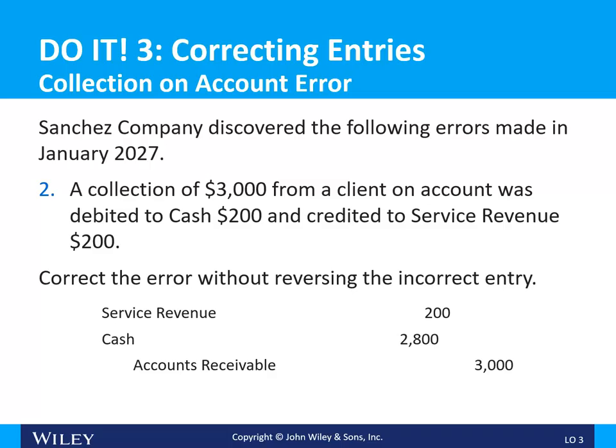So we need to debit cash an additional amount, $2,800, so that the total is $3,000. And we should have credited accounts receivable $3,000 to recognize that our customer paid us. We didn't do that, so we're going to credit accounts receivable for the full $3,000 in our correcting entry. Remember what we've learned: debits always have to equal credits. So we do $2,800 and $200 in debits, so $3,000 in debits, $3,000 in credits.